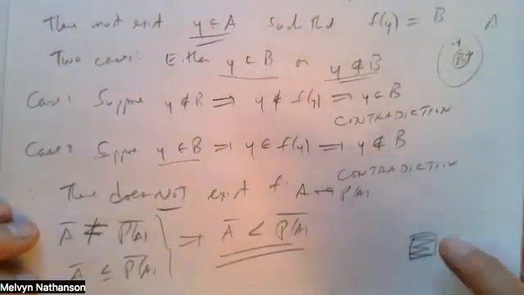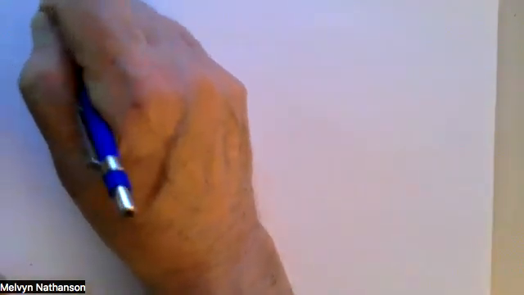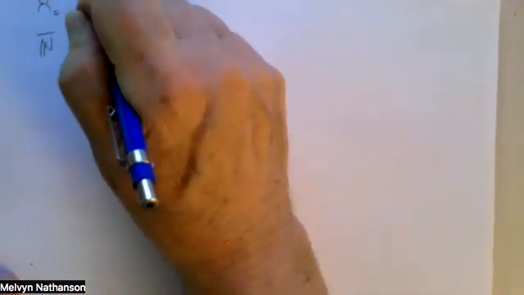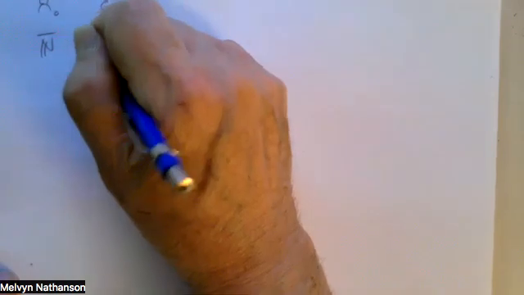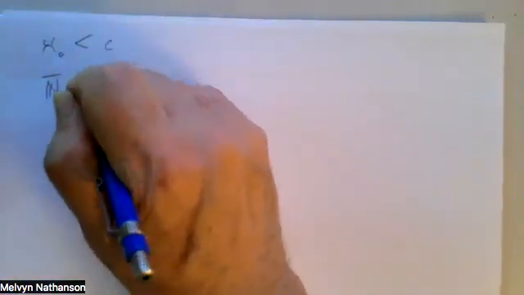In fact, we know two explicit infinite numbers. We have Aleph naught, which is the cardinality of the positive integers, and C, which is the cardinality of the real numbers.